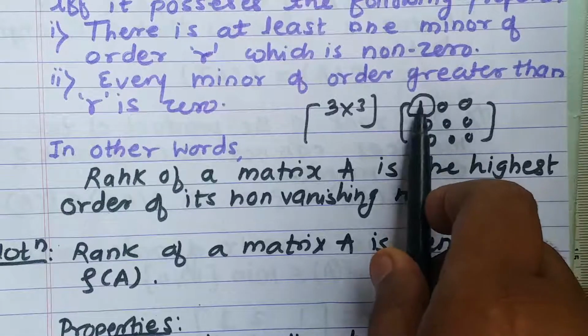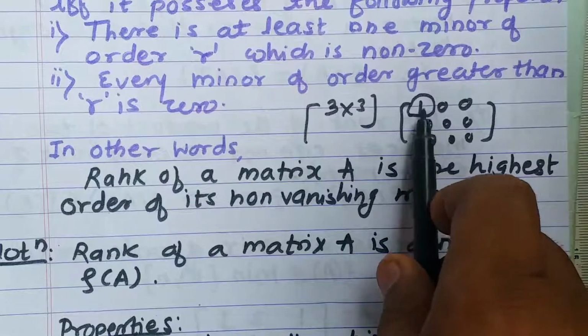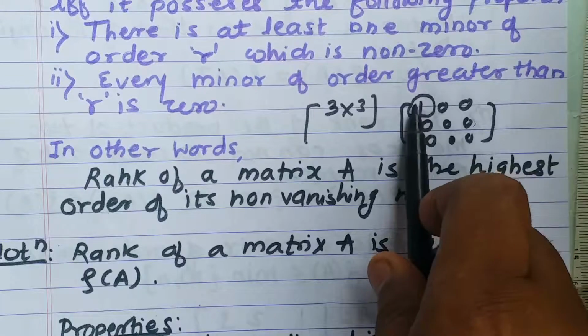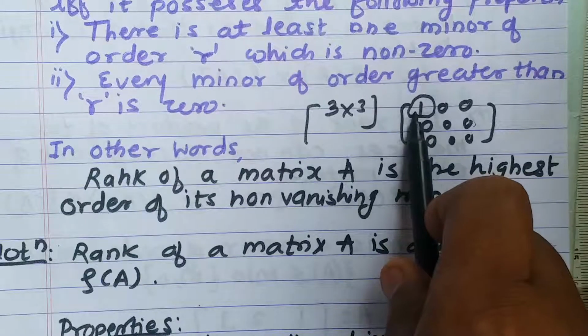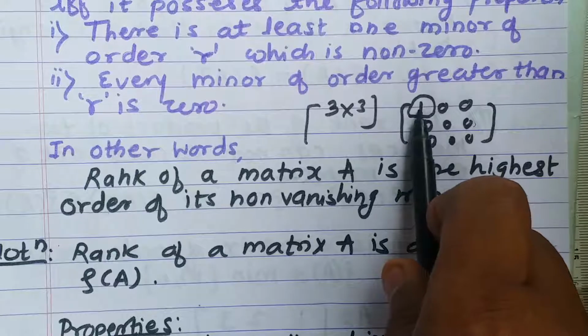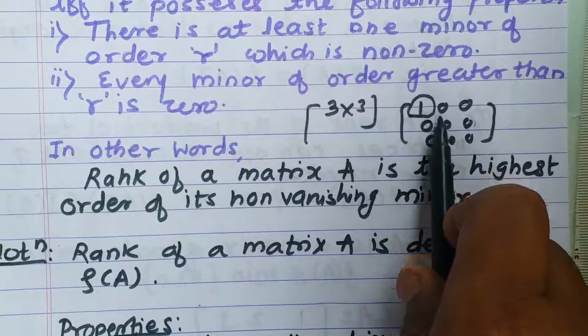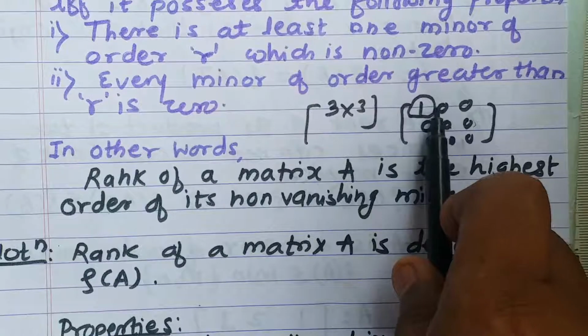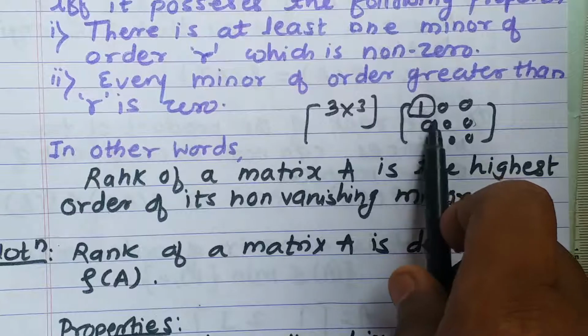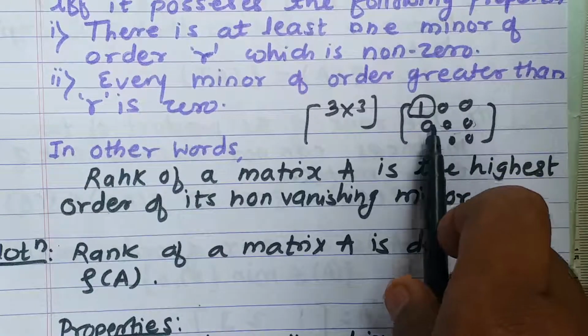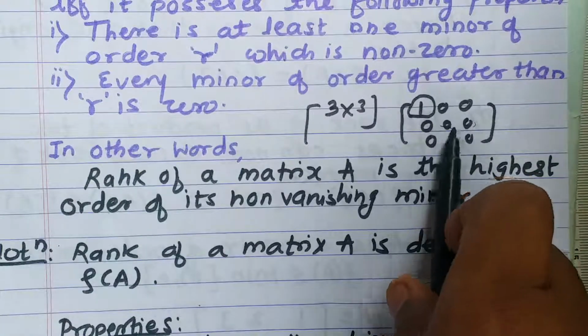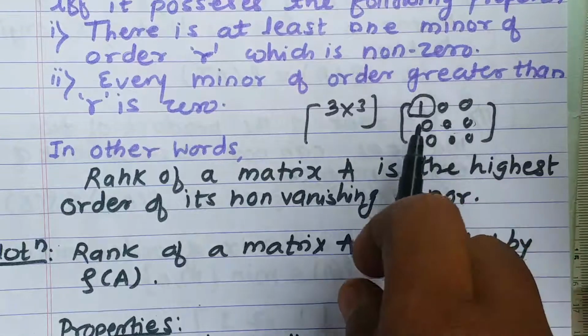If you consider a submatrix of order 2 by taking any combination, for example these 4 entries 1 0 0 0, this constitutes one minor of order 2, and its determinant is 0. As I have taken all the 0 entries, all the different minors of order 2 will be 0.